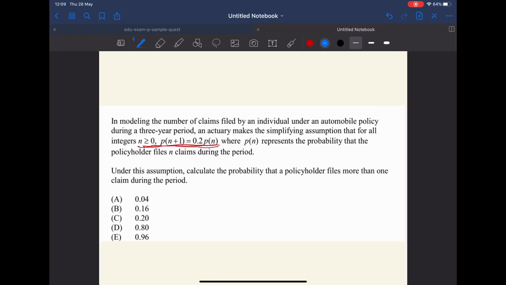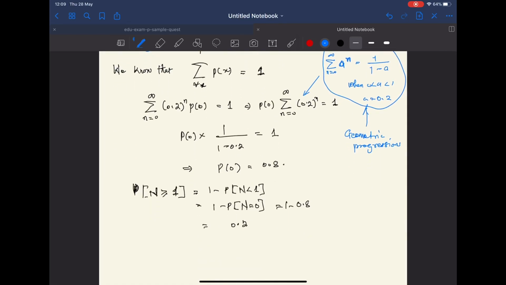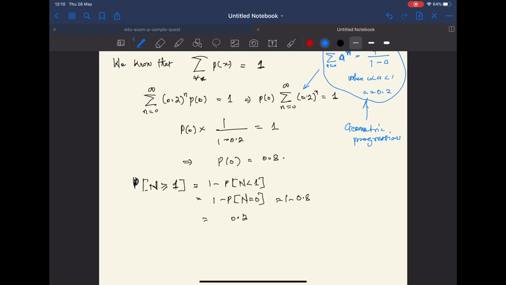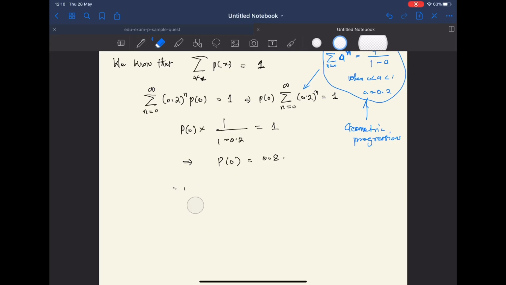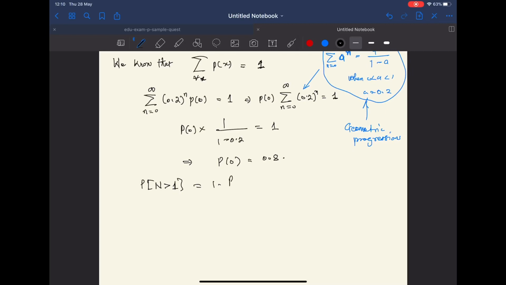Now, we're told to calculate the probability that the policyholder files more than one claim during the period. It's more than one claim, not greater than or equal to. So we have more than one claim being made. So it's the probability that n is greater than 1, which is 1 minus the probability that n is less than or equal to 1.